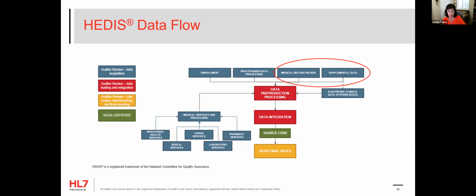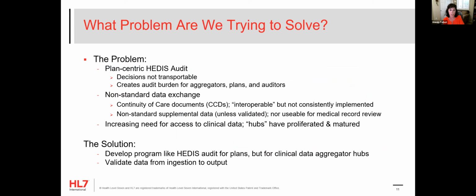NCQA started working on this data aggregator validation program because the C-CDA documents were coming with some quality issues related to their completeness and the accuracy of the data within them. As health plans were trying to use them, it was causing increased burden on the audit process.